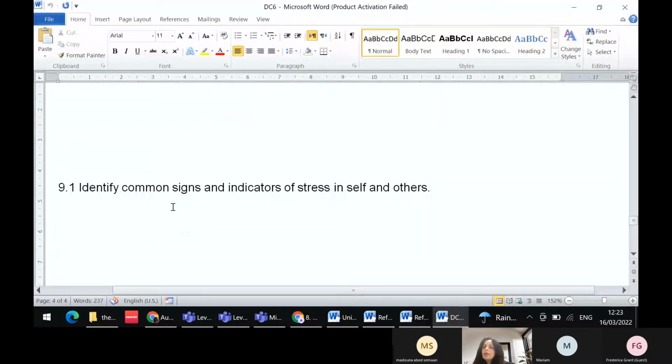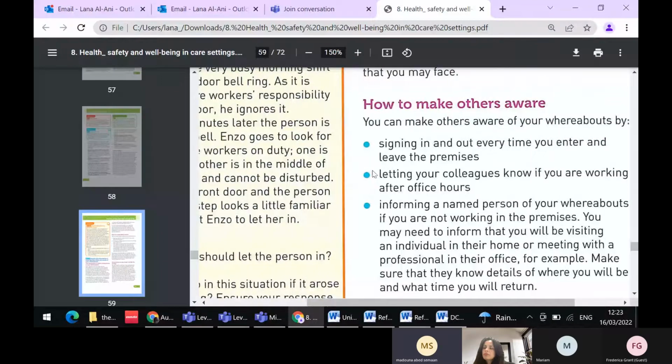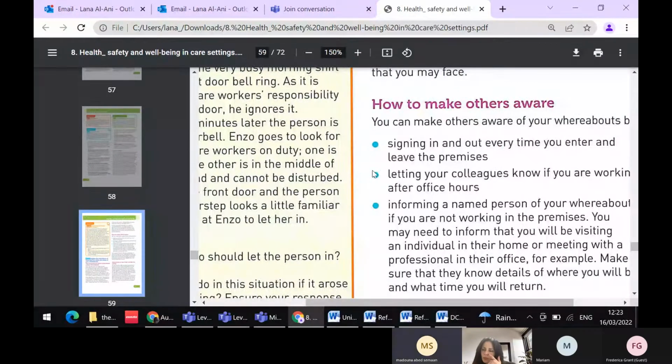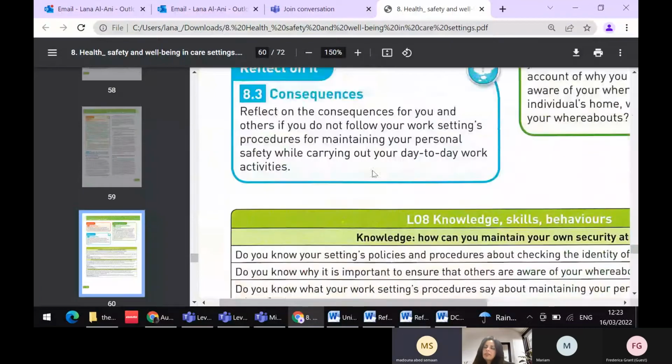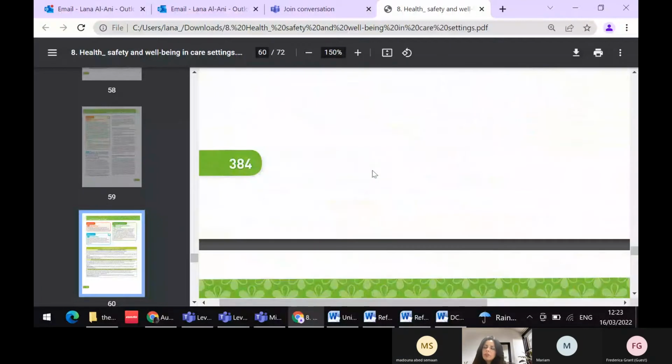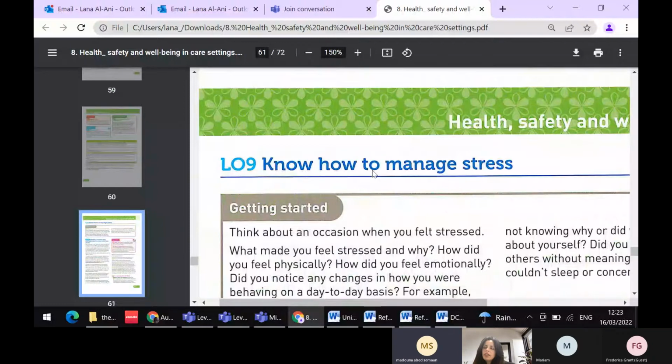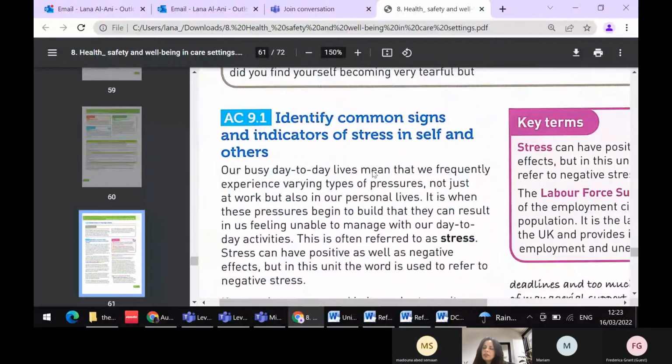Now, identify common signs and indicators of stress in self and others. So what are the common signs of stress? We have to know if they are stressed. Is there any common sign, where you look at the person's face and you realize that they have stress?